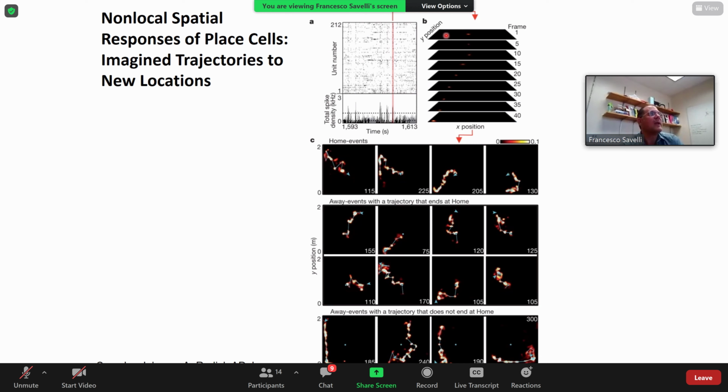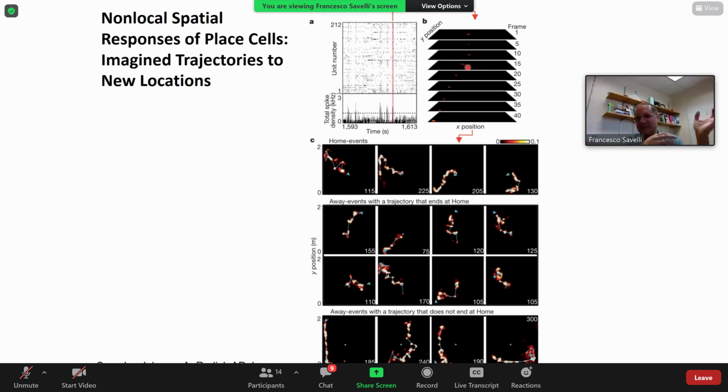You divide it into frames, and first the cell that fired here, then another place cell that fired here, and then here, and then here. And so you can reconstruct what path the animal is imagining during that sharp wave ripple.